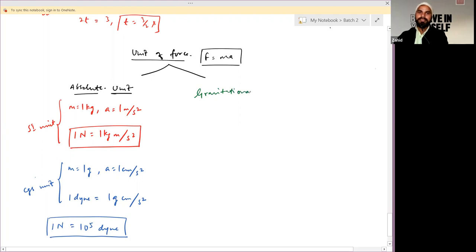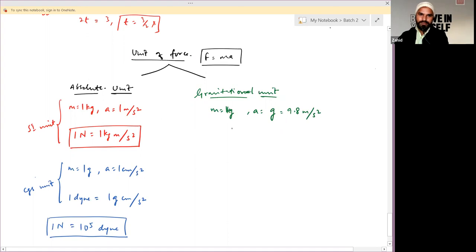Okay. Next is gravitational unit. If mass is equals to 1 kg and acceleration is g, for which value would be 9.8 meter per second square or 10 meter per second squared.